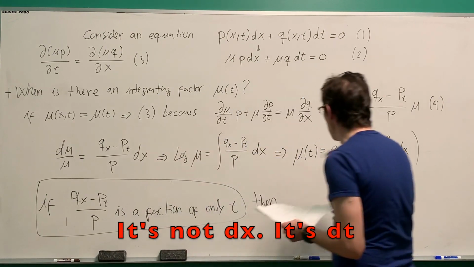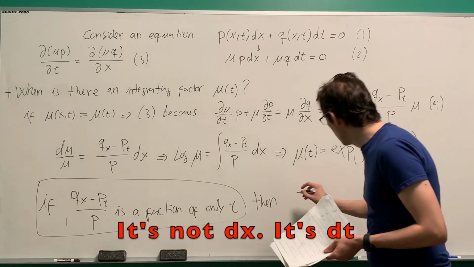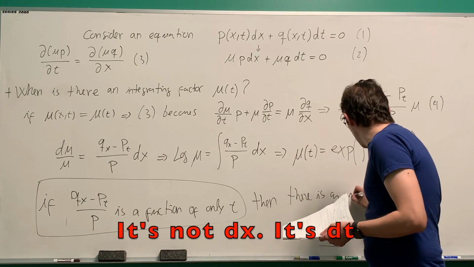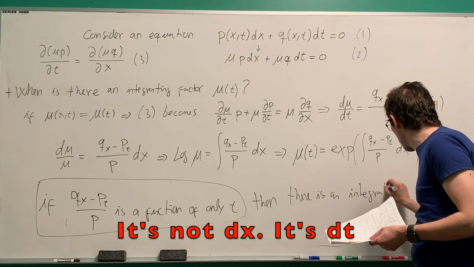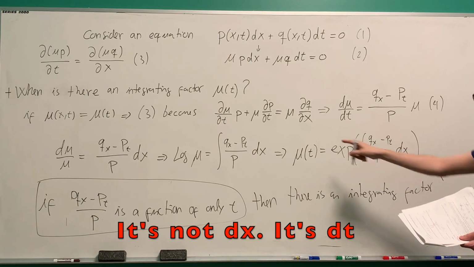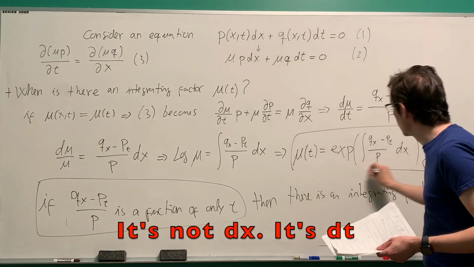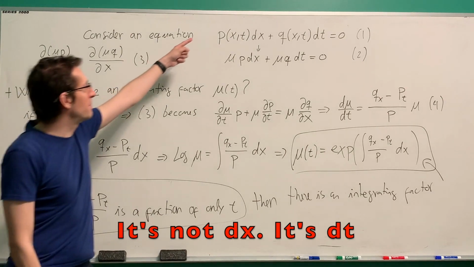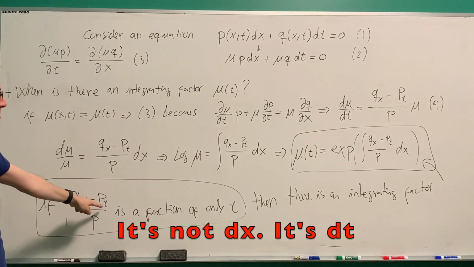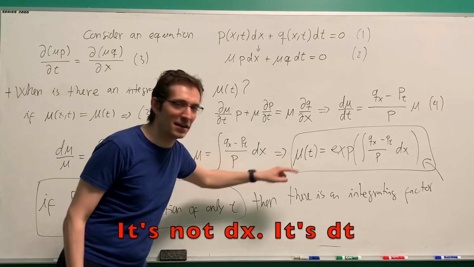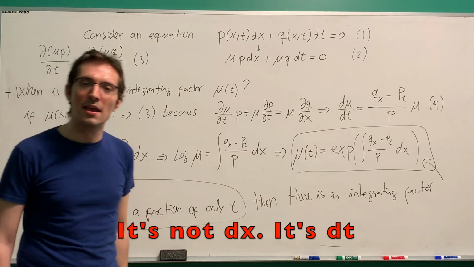Then there is an integrating factor, only a function of t, mu of t with this form. Okay? So what you would check is, is this condition true? So I grab this equation, take p, take the derivative with respect to t, take q, take the derivative with respect to x, divide by p, check if that's a function of only t. If the answer is yes, then you know that you found an integrating factor that has this form.